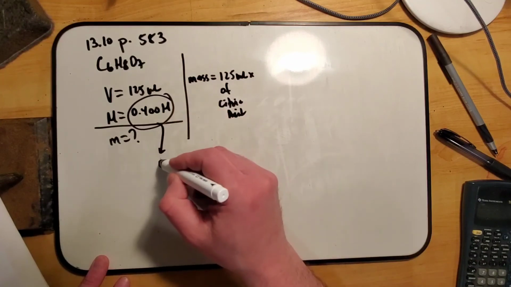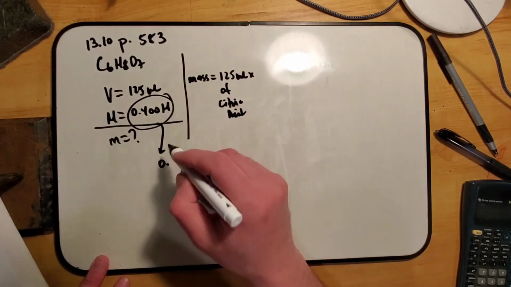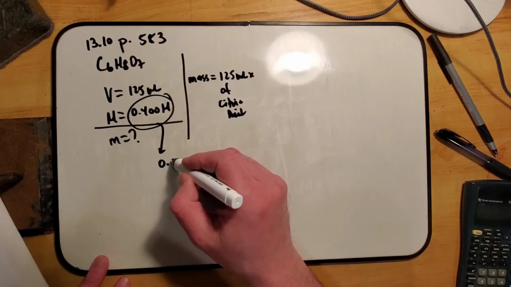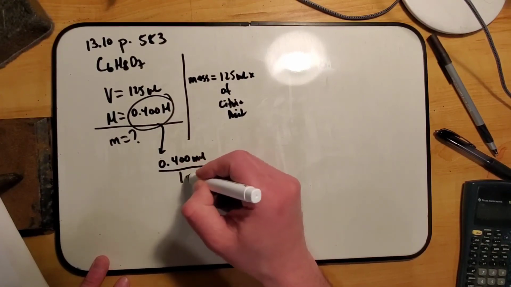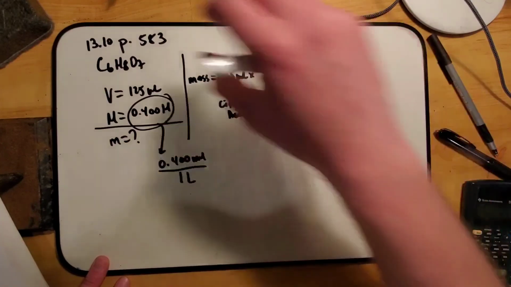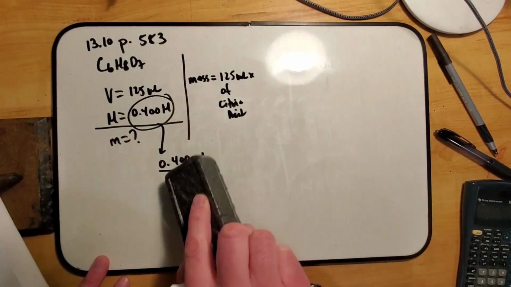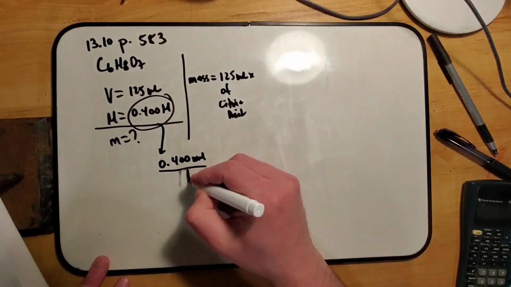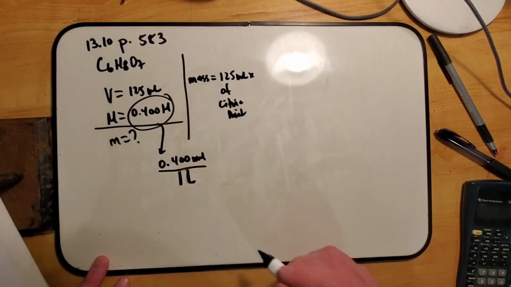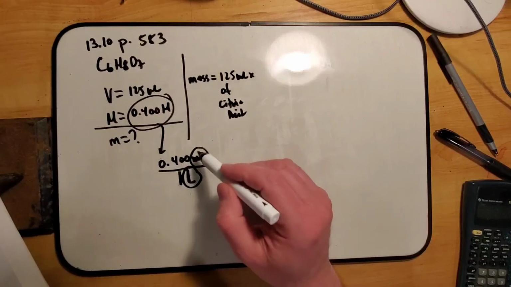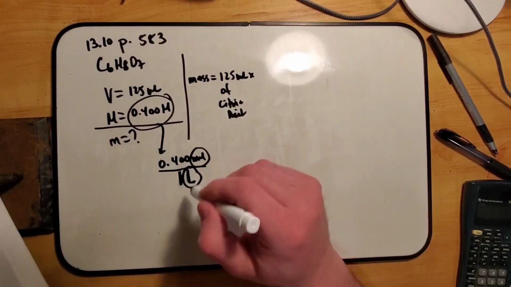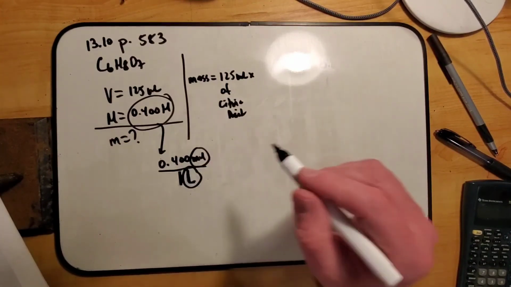This molarity could be expanded into moles over 1 liter. You don't have to put 1, just put liter. Well, actually here 1 will be kind of important because we want to express this as a conversion factor. And so once you got the units in the numerator and denominator, that's your conversion factor right there.